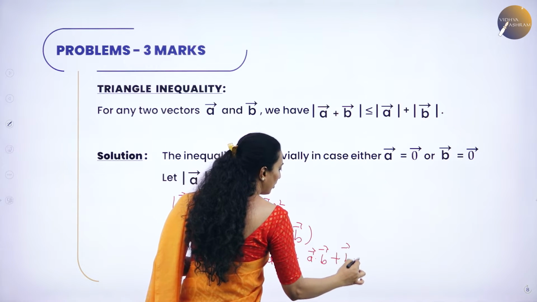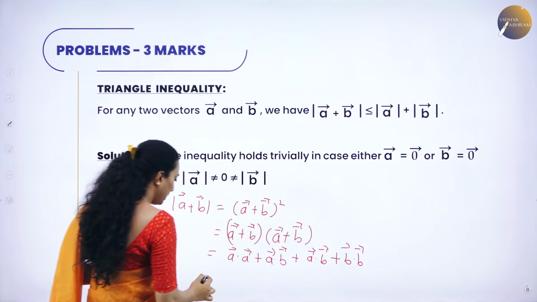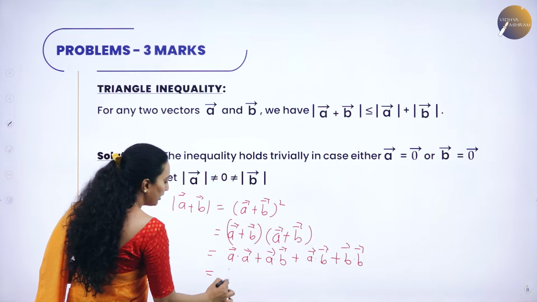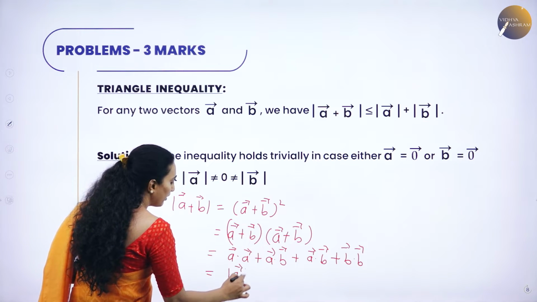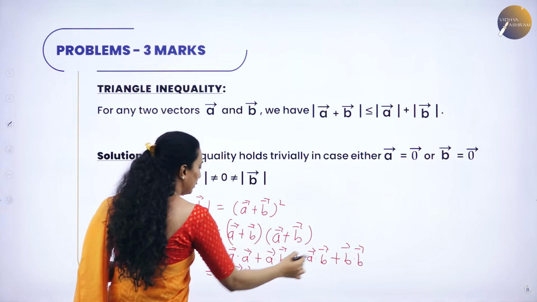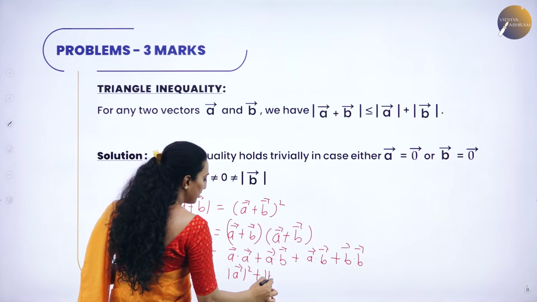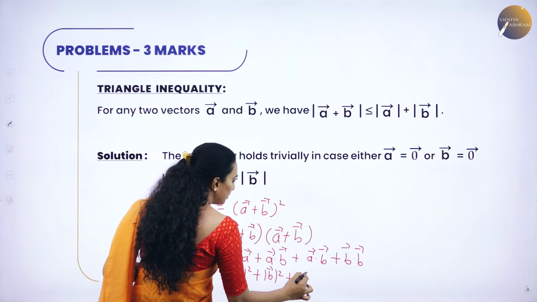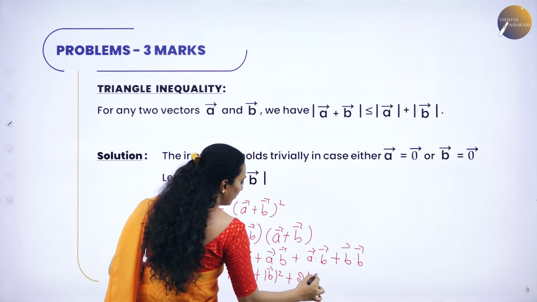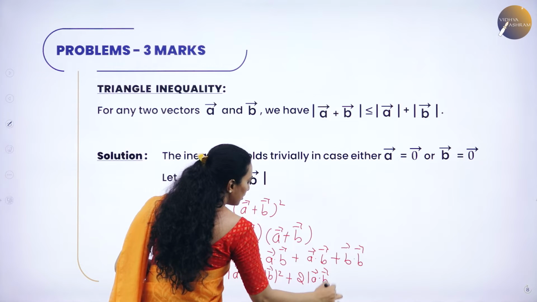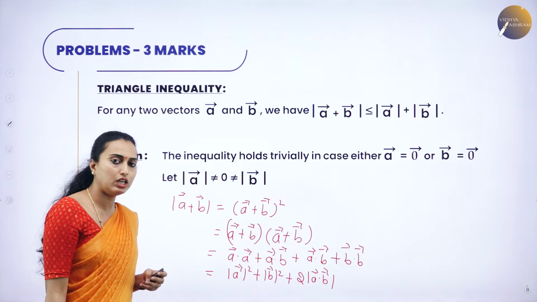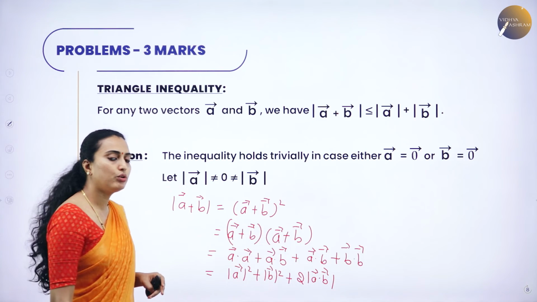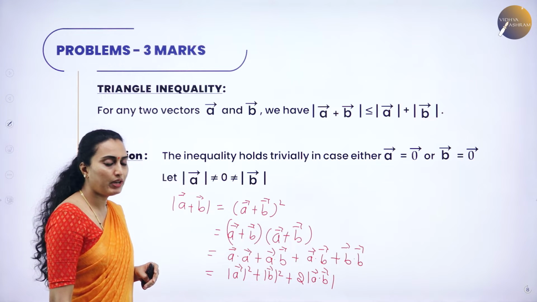A vector dot A vector is nothing but magnitude of A vector squared, correct? And this will be magnitude of B vector whole squared plus 2 into A dot B. So this is never greater than the magnitude of A vector times magnitude of B vector.